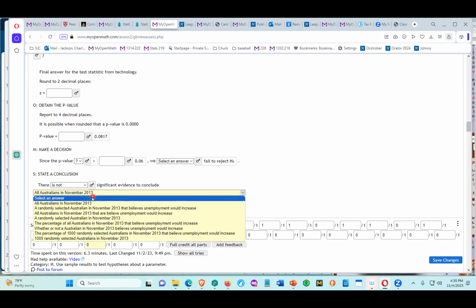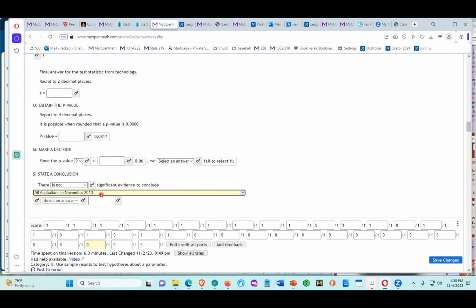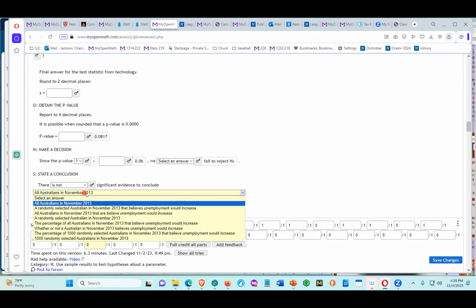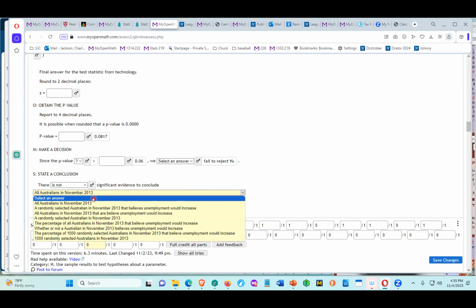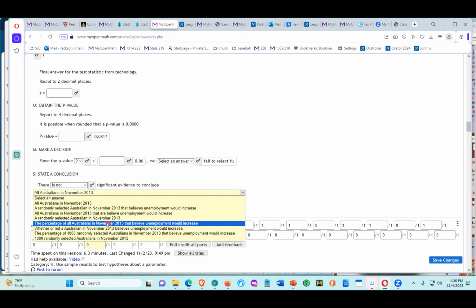So, boy, this is very subtle. Got to be careful here. And you have to compare it to the rest of it. So the null is the equal to, not enough evidence to conclude that 47%, oh yeah, right. The proportion of all Australians, the percentage of all Australians that believe unemployment would increase.